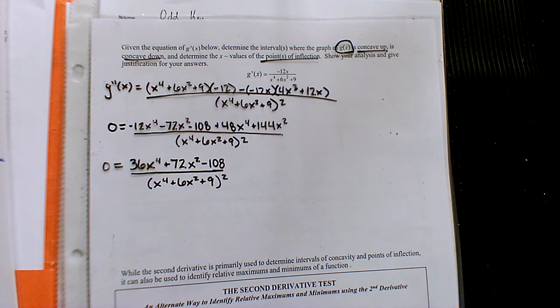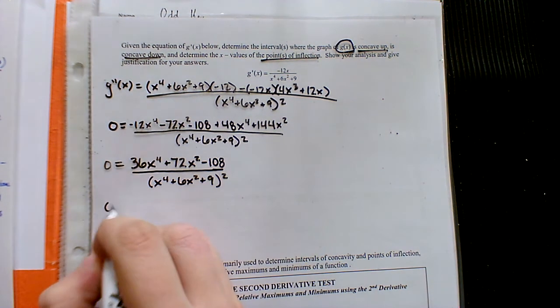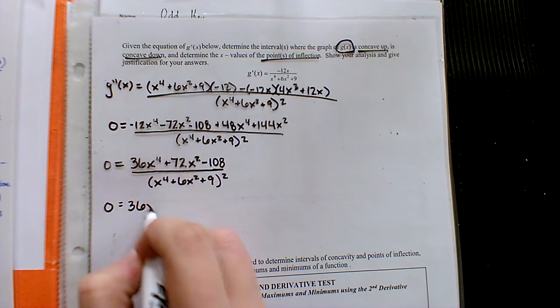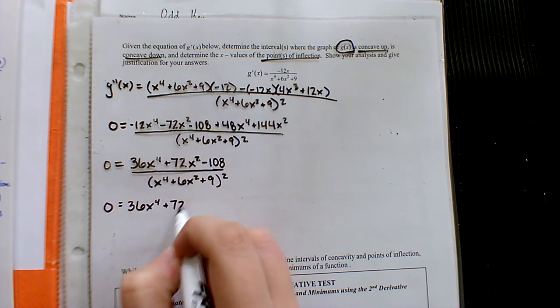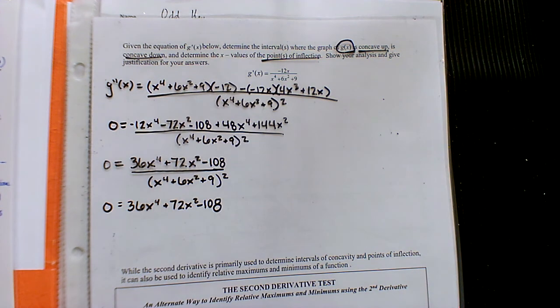Everything's cleaned up. Where do you want to go from there? What do you think, Nish? If that fraction is equal to 0, then just the numerator is equal to 0. So let's focus on the top. How do you want to solve for x?